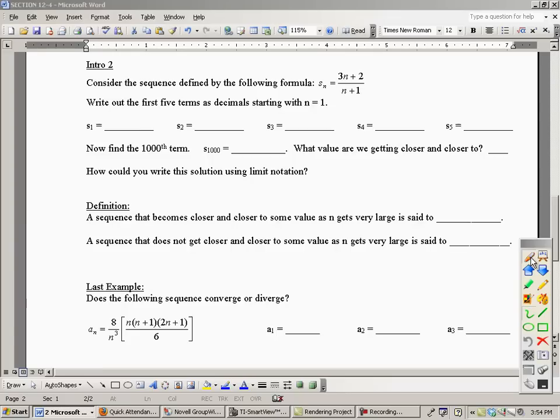So 3 times 1 is 3 plus 2 is 5. And 1 plus 1 is 2, 5 halves. I'm going to write it as a decimal, and I normally don't like it, but it's going to help us figure out which value it goes to. If I do that for 2, I get 8 over 3, which is 2.67.